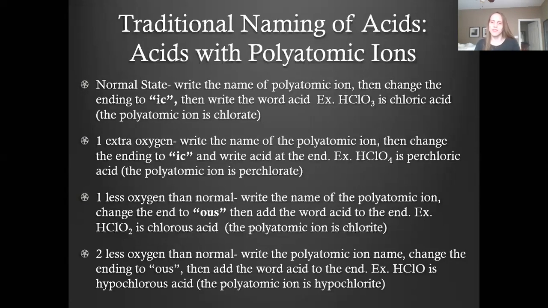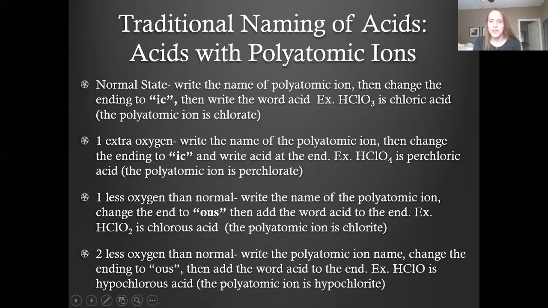The other special thing with polyatomic ion acids is that you don't use the prefix hydro anymore. So we only use the term hydro in traditional naming if it's not polyatomic. Okay? We do still change the ending to ic if it is a normal state polyatomic ion, and as with all traditional names, it will always end with acid.